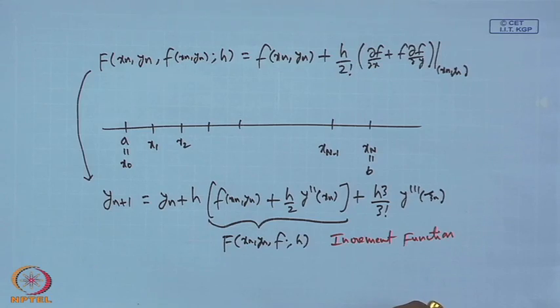So, this number also has some significance, and whenever you have truncated up to something, whatever you have thrown away also has a significance. Okay. So, we are trying to formalize, right.